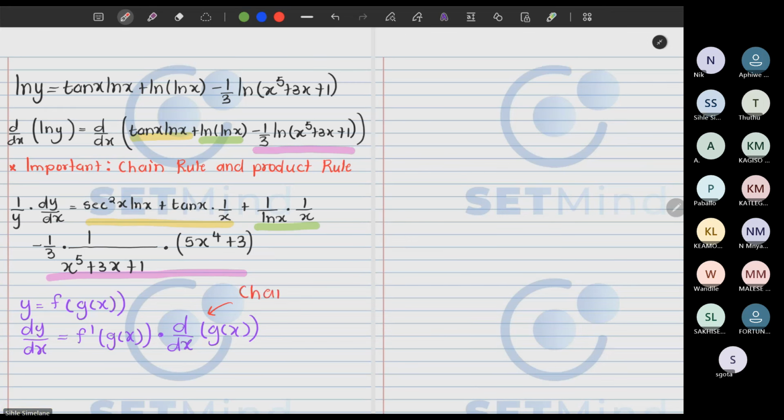And if you look carefully, our answer dy dx will be equal to y multiplying everything that we have found. So let's put it up. So it will be y multiplying everything like that. And we'll go and simplify this. So y will multiply everything here. And that step you shouldn't forget, guys.